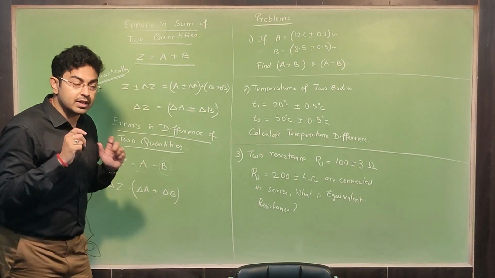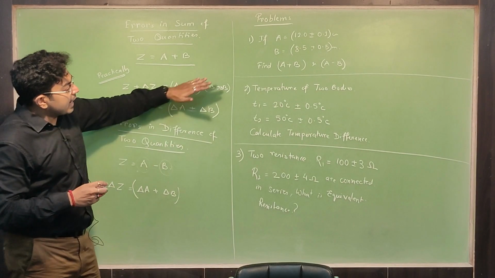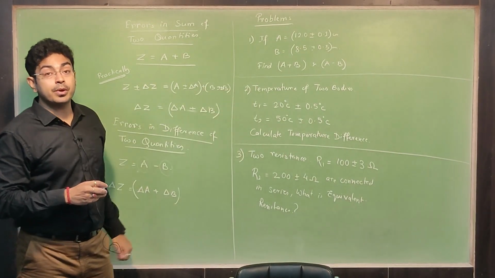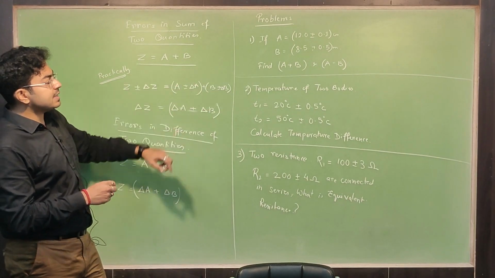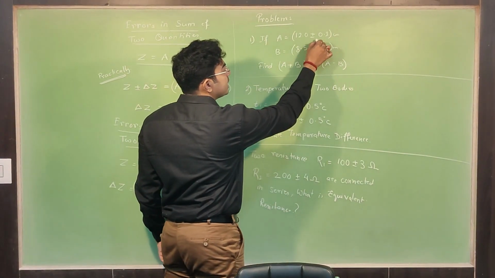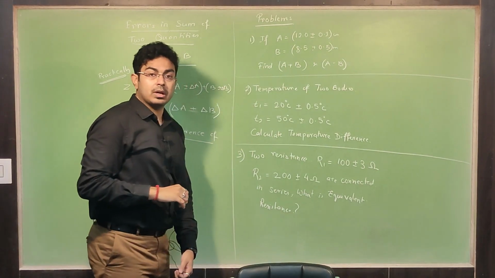Okay. This is the rule to find out error. Now using these two, I have given some questions that we are going to solve. Here it is said, A is equal to 12.0 plus minus 0.1.